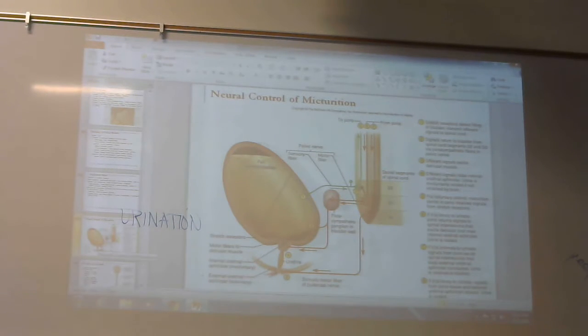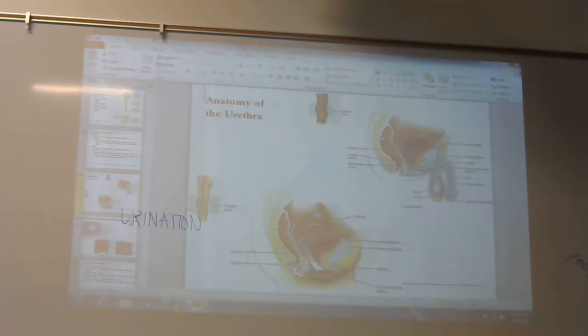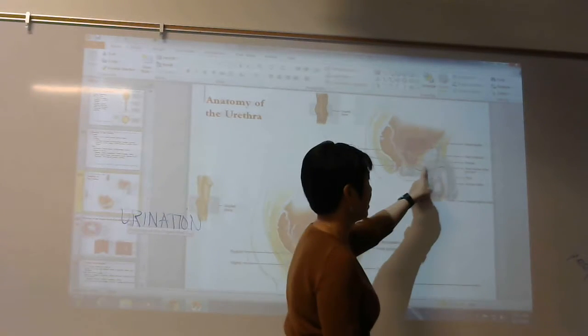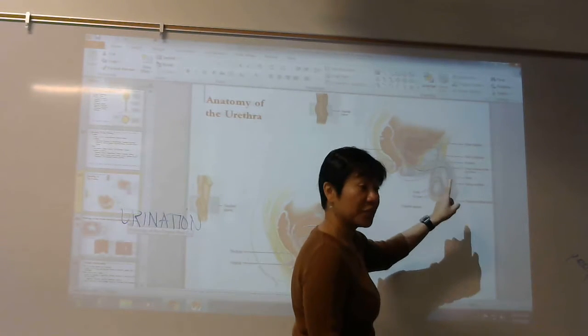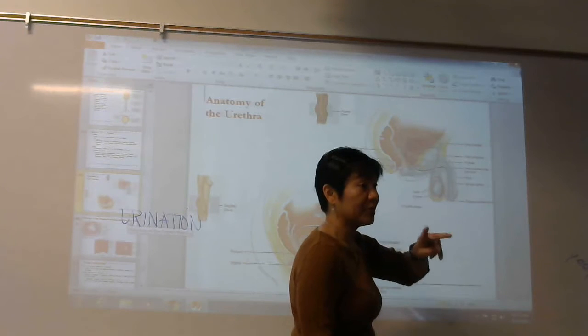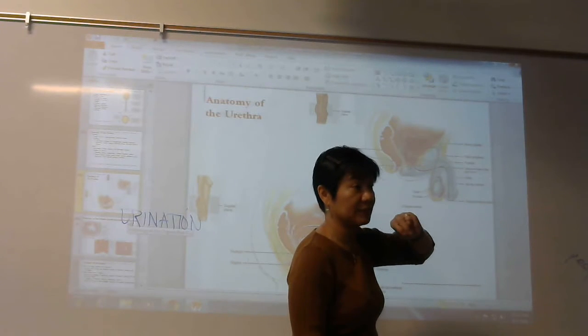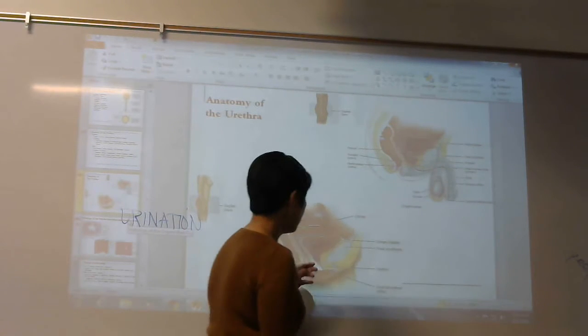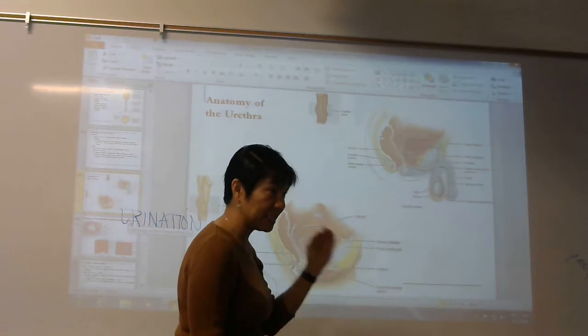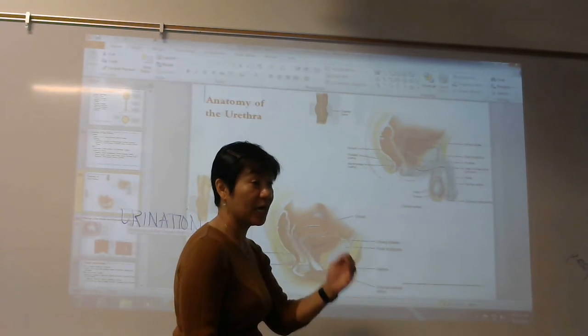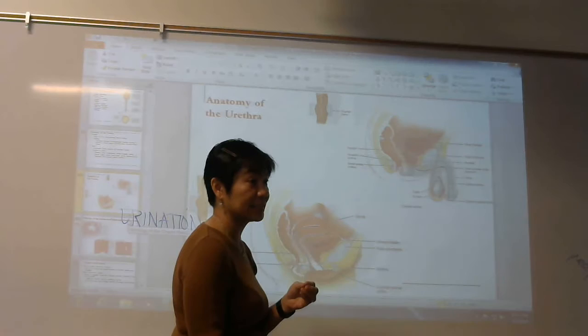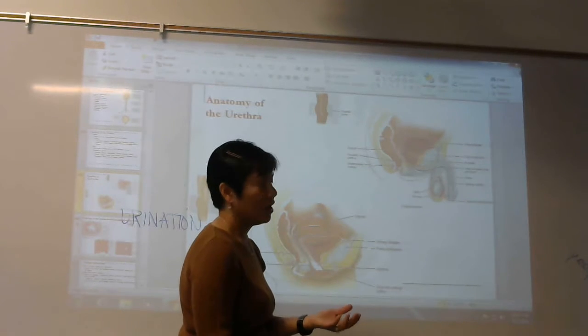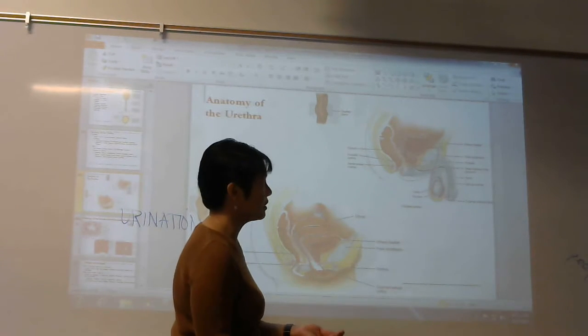There is a difference between the male and female urethra. You know that, right? The male urethra is a shared organ between your urinary system and your reproductive system. The female urethra is uniquely, or mainly, an organ of your urinary system only. Where is the external sphincter?